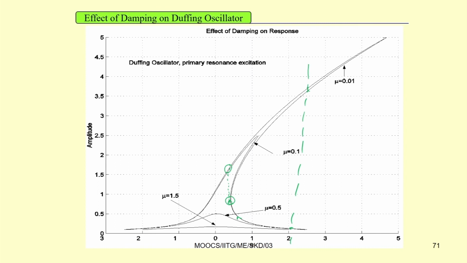We will see later what we mean by stable solution, unstable solution or stability of the response. Here what you have observed is that the response is not continuous here, or the response is not there. So, it will jump from this position to this position.